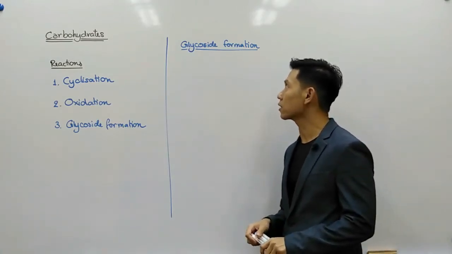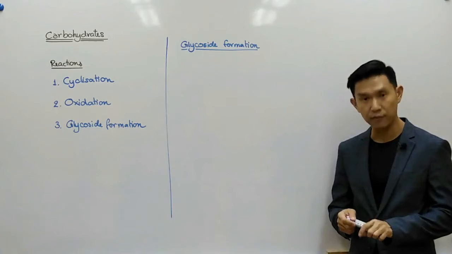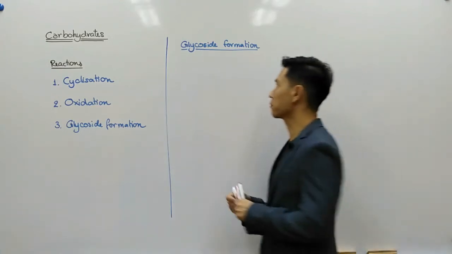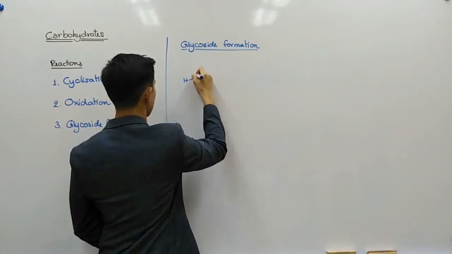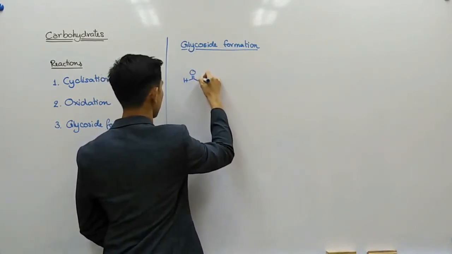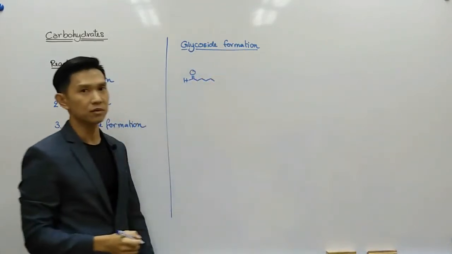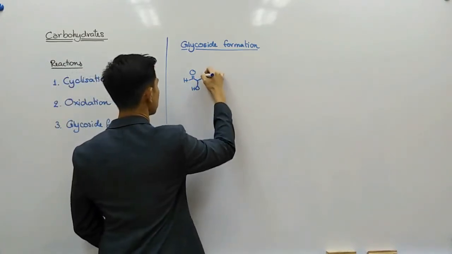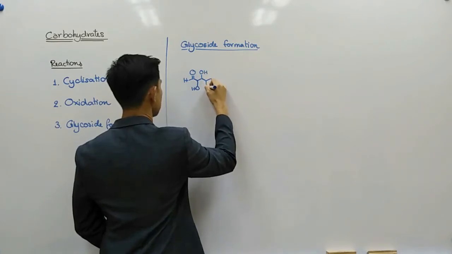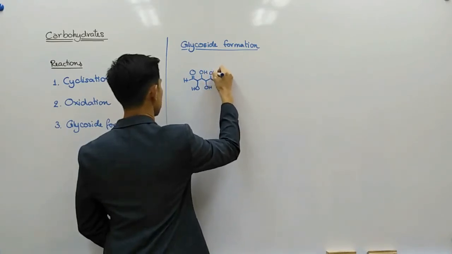So for glycoside formation, I would start from the aldose sugar, one of the aldose sugars. So this is an aldohexose, and I just don't want to mention the stereocenter.